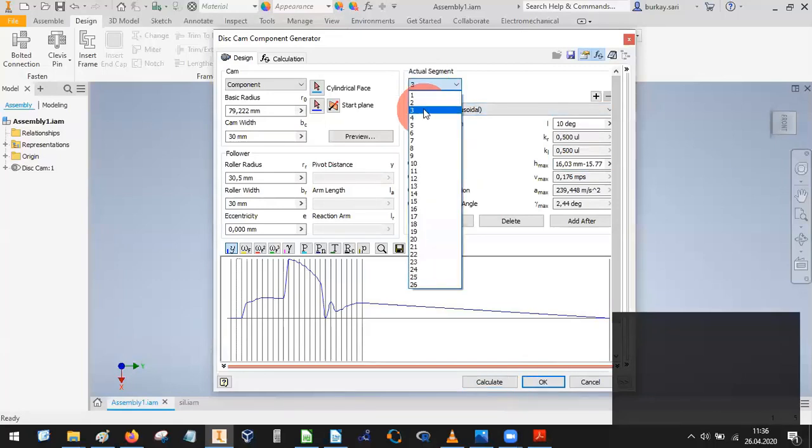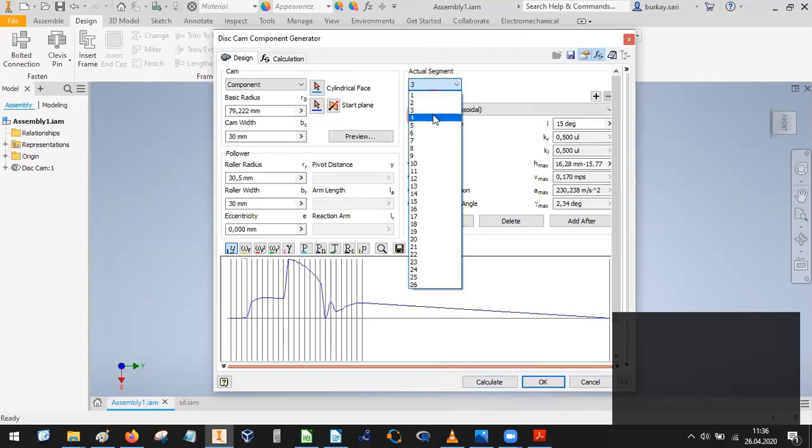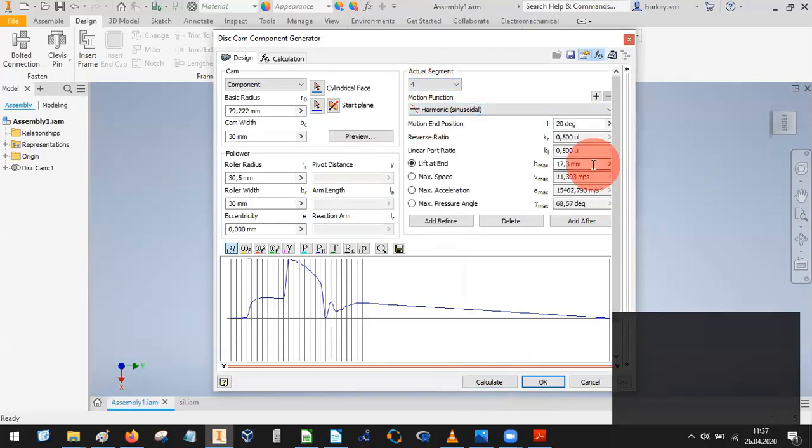The third segment, again, I will just subtract 15.77. Again, calculate. The fourth segment, I will again minus 15.77. Again, calculate. Fifth, minus 15.77.